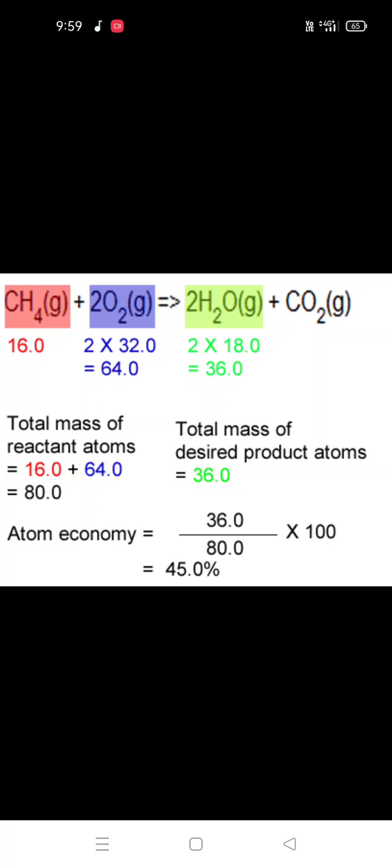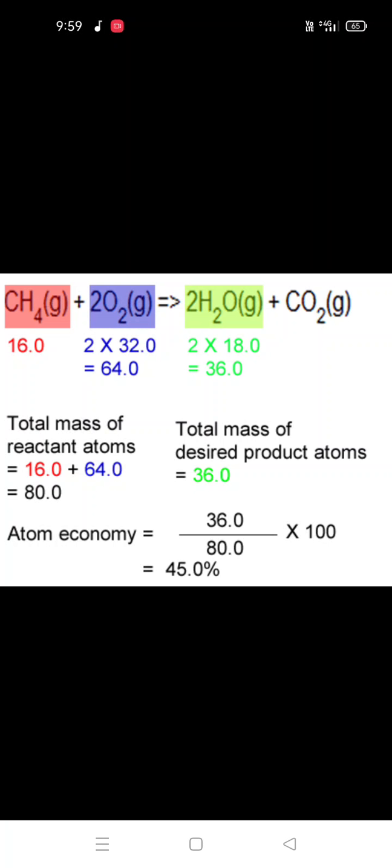Here, how much product are we getting? The total mass of reactant atoms, for example, what are the total atomic masses of these reactants? Methane is 16, oxygen 64, the total is 80. But the total mass of the desired product, we take the water molecule, since we are preparing water molecules in this reaction.